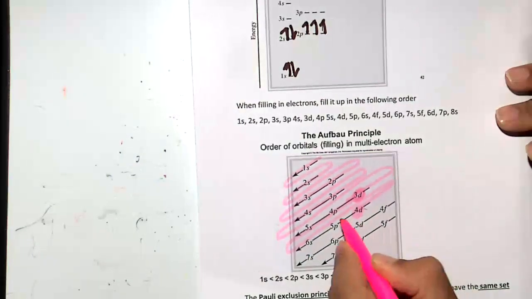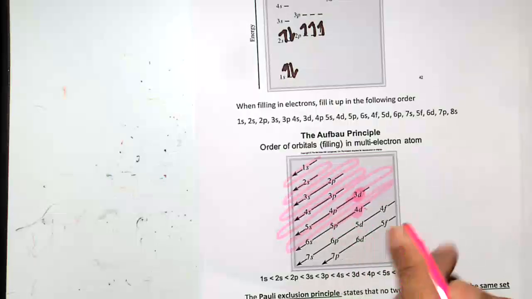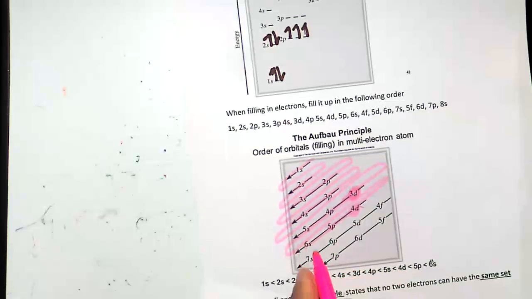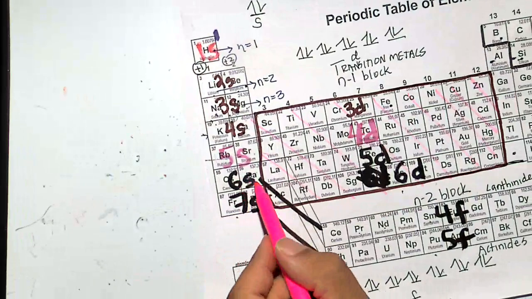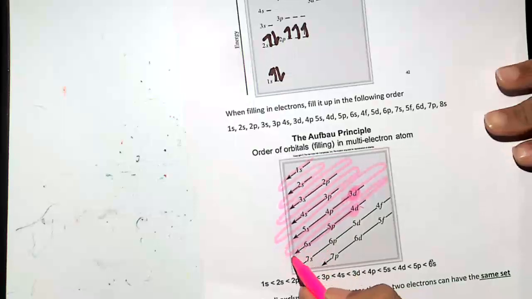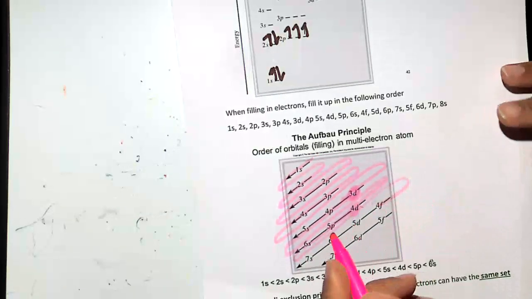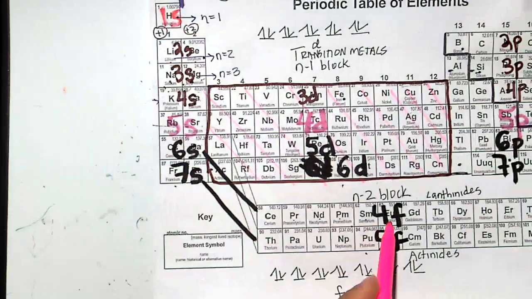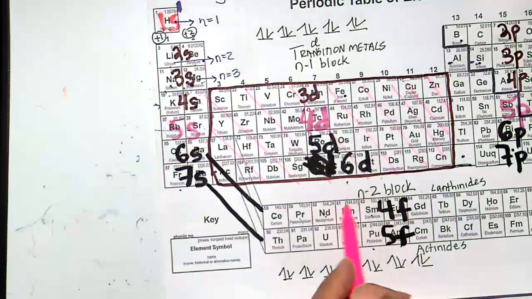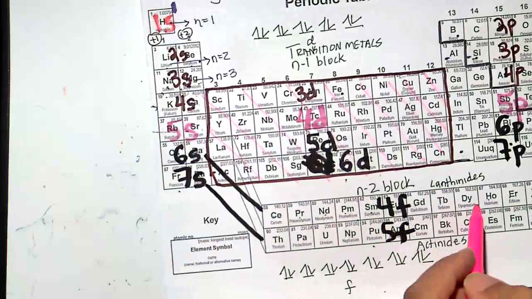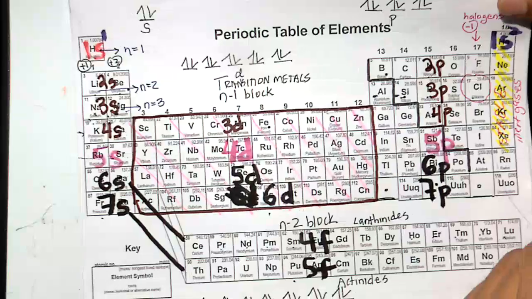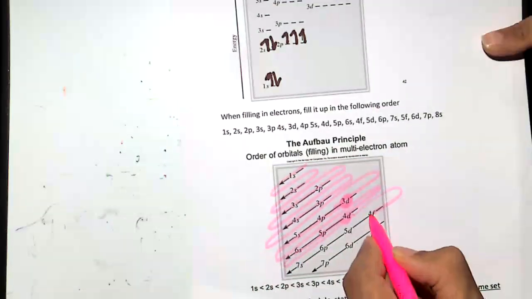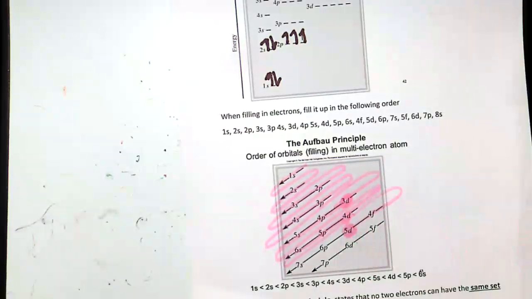After 4d, that's the transition metals. Where will they go? 5p. Now we're over here in the periodic table. After 5p, where will they go? 6s. After 6s, where will they go? 4f. We're right here in the periodic table. We will fill up the 4f orbital, and then where will they go? 5d.